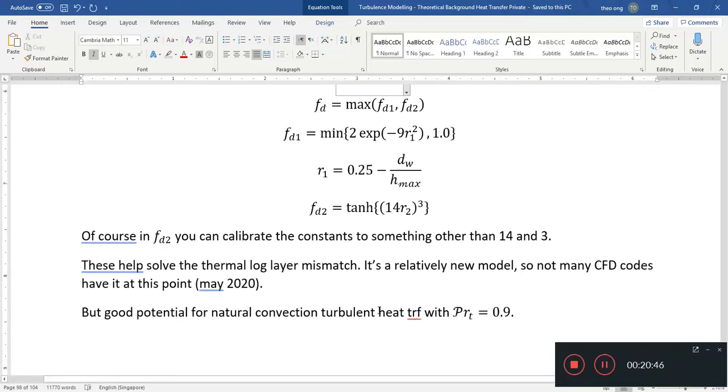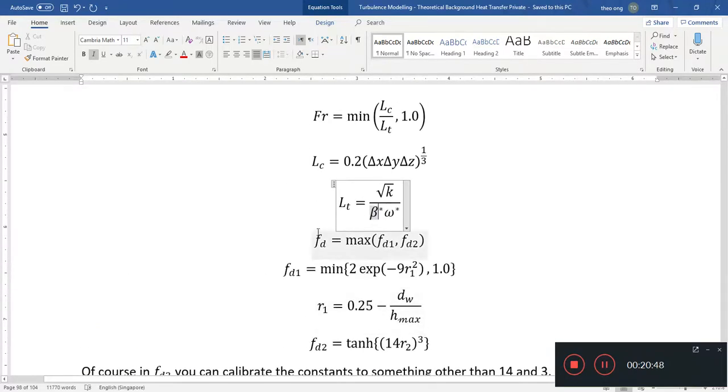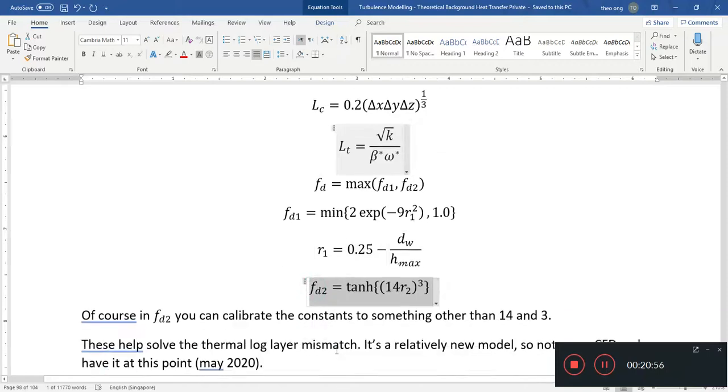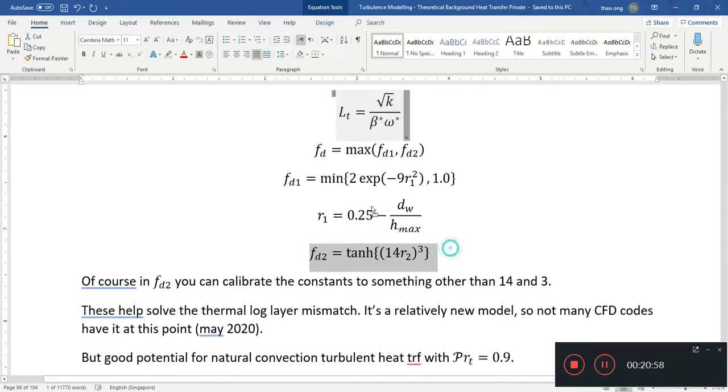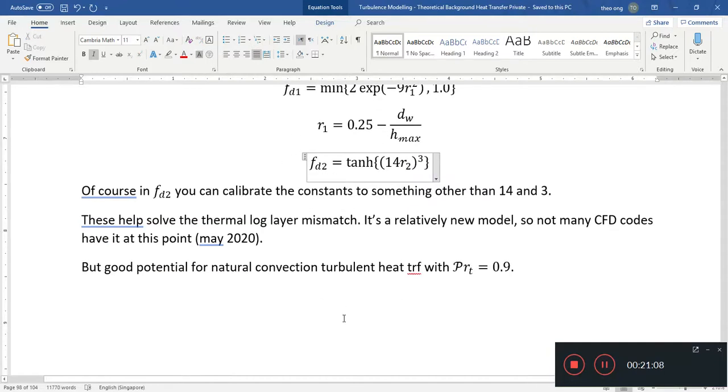And f_d is a mix of blending functions, very familiar, which you'll find in IDDES. These actually make a reappearance from the IDDES model. So in f_d2 you can calibrate your constants to be something other than 14, which is here, and 3, which is here. You can calibrate them to be something else.